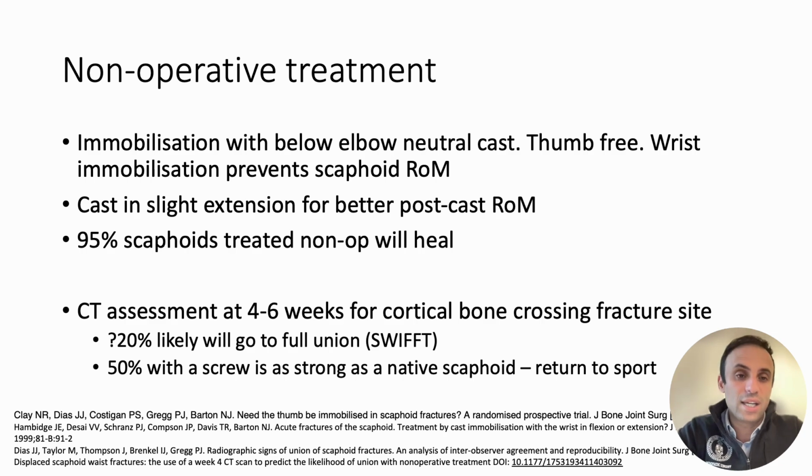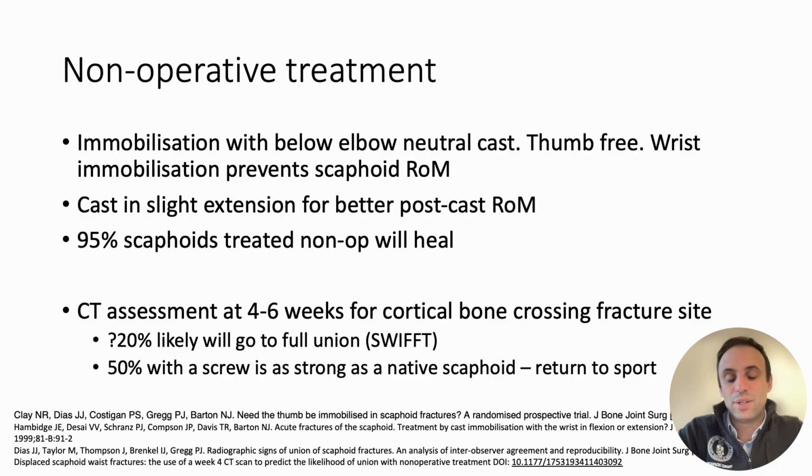I get a CT scan at 4 to 6 weeks where possible to assess the percentage of cortical bone crossing the fracture site, and the SWIFT trial demonstrates that if you have 20% or more of cortical bone crossing the fracture site at 4 to 6 weeks, it is likely that they will go on to full union.